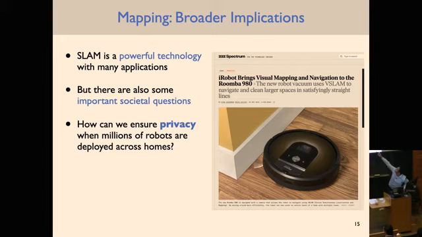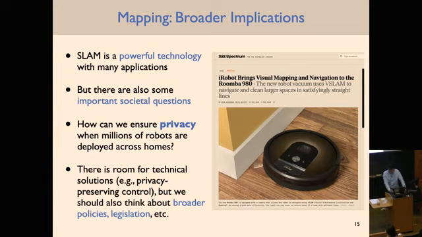This is an article from 2015, I think, so like 7 years ago, where the iRobot Roomba, the robot vacuum cleaner, uses vSLAM. The V is just visual, so SLAM based on vision for mapping out an indoor environment that you want to vacuum up. So there's probably room for technical solutions.